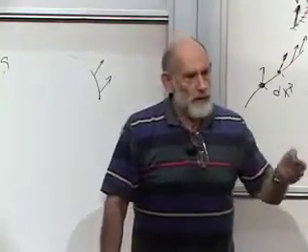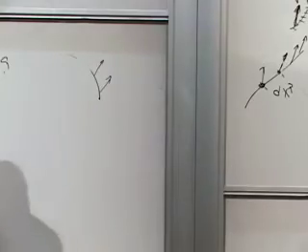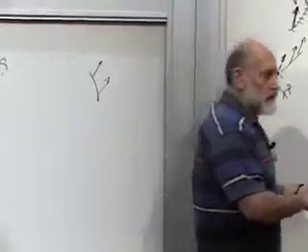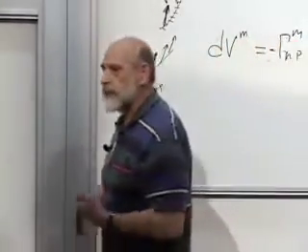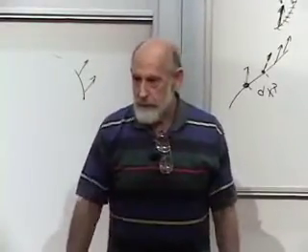You don't have to move it along a straight line. You can move it along a curve. That gyroscope will transport parallel to itself. So a gyroscope is a physical implementation of parallel transport in space along a curve.